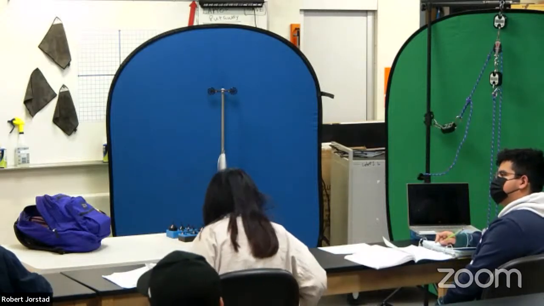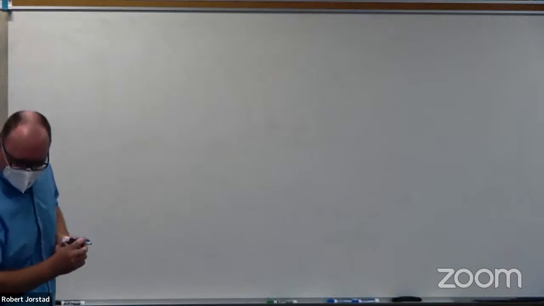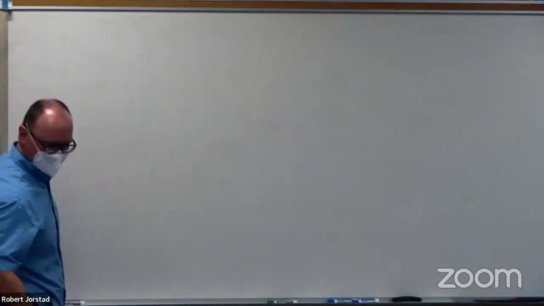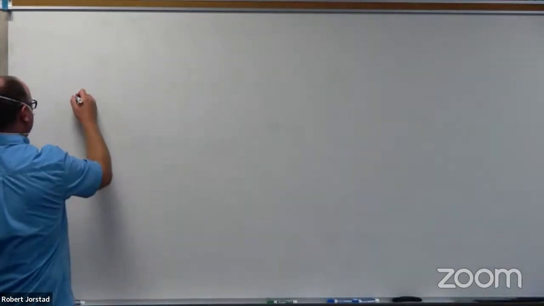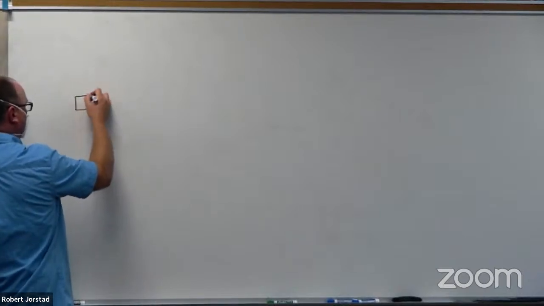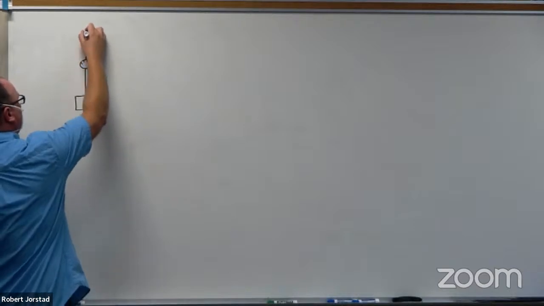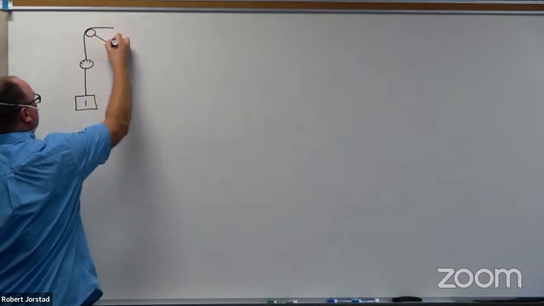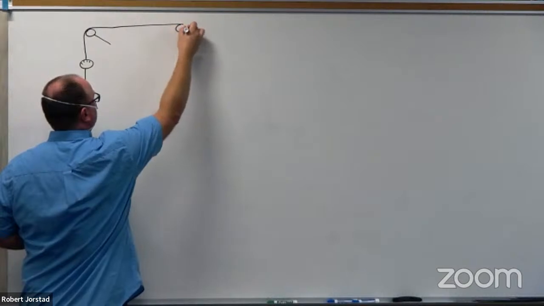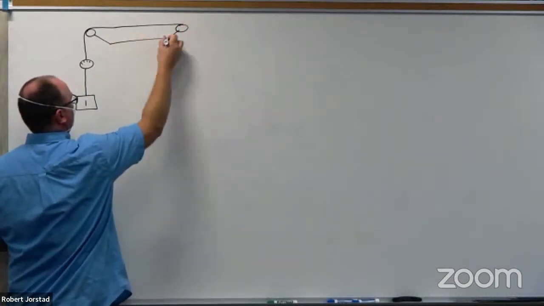All right, let's go to board 6. So I'm going to draw this one like this. Mass 1 is initially on the ground. There's a scale here. There's some sort of weird contraption.